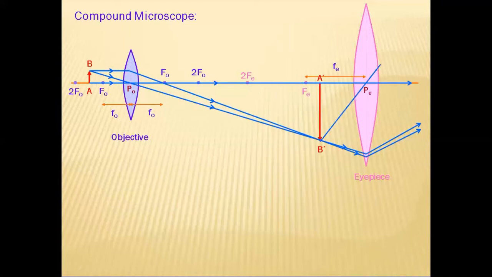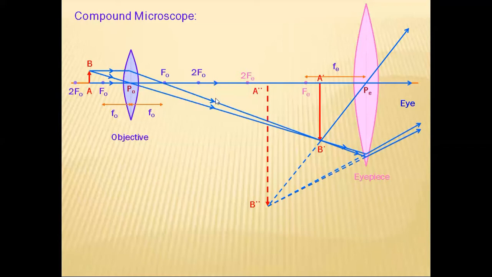The rays never meet again, so a virtual image is formed here, and this is the actual image formed in the compound microscope. The object size AB is small, but the image size is large, and this is also a virtual image.